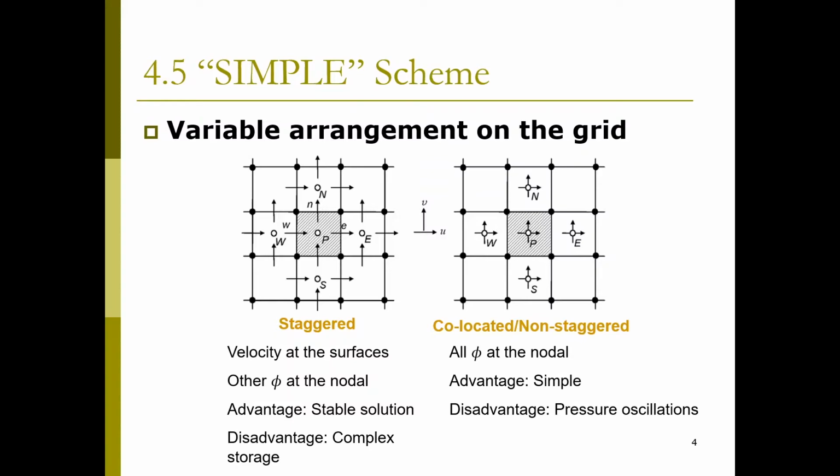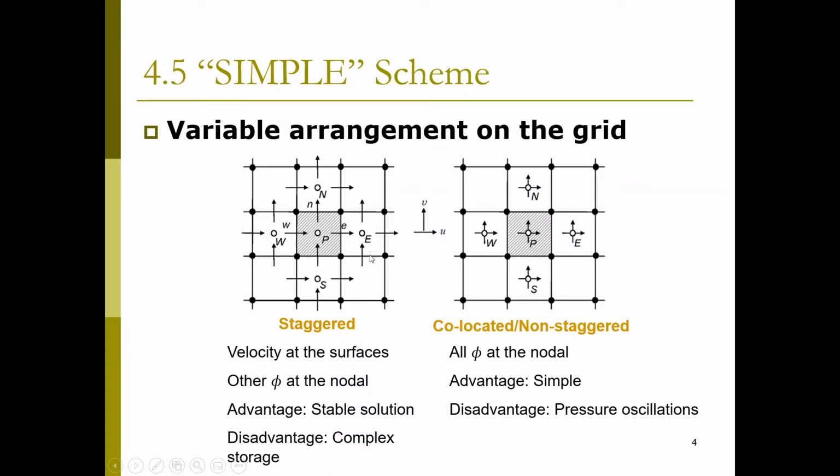So before we go into the SIMPLE scheme, the choice of arrangement on the grid is also important. There are two most popular arrangements, which are staggered and non-staggered, also called co-located. For staggered, the velocity components are found at the control volume surfaces. So these are the surfaces of this control volume.